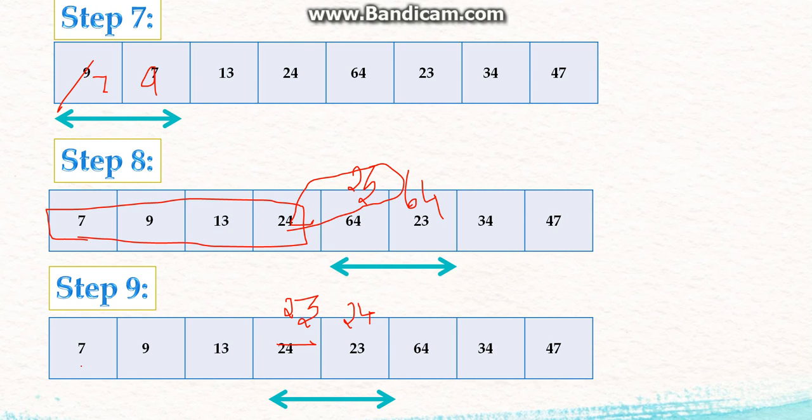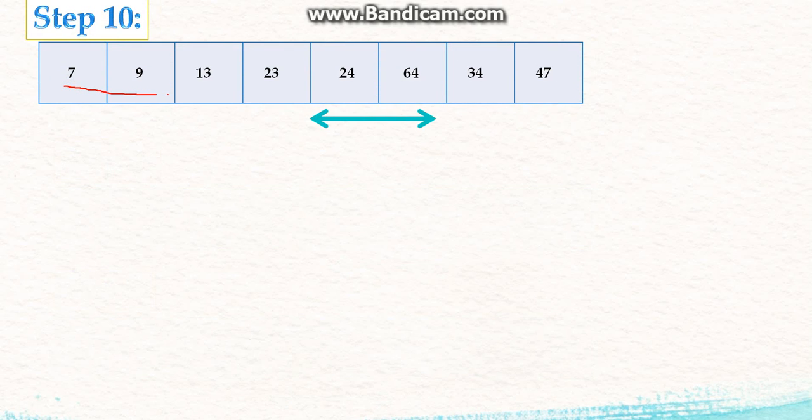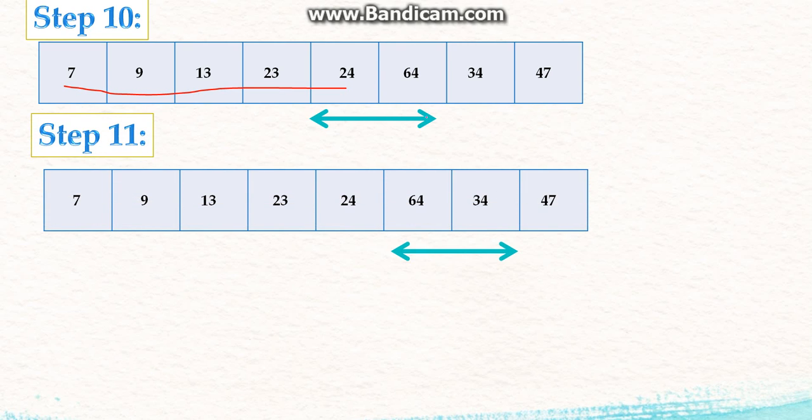This clearly gives the starting 5 elements in a sorted array: 7, 9, 13, 23, 24. Like this, it is perfectly sorted. So next we are going to compare 24 and 64 for further verification. It is sorted, we need not disturb them.